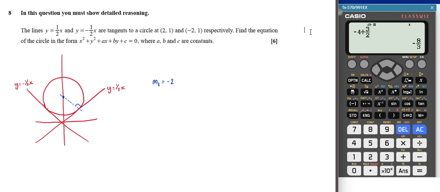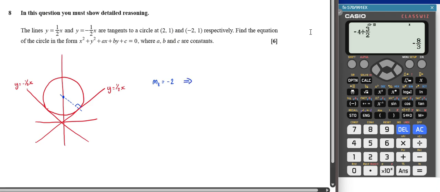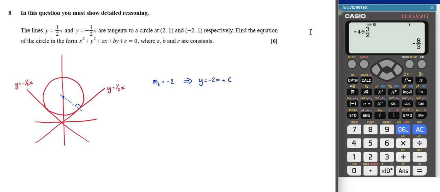So this is therefore y equals minus 2x plus c. My other line, the green one, I'm going to call it MP.